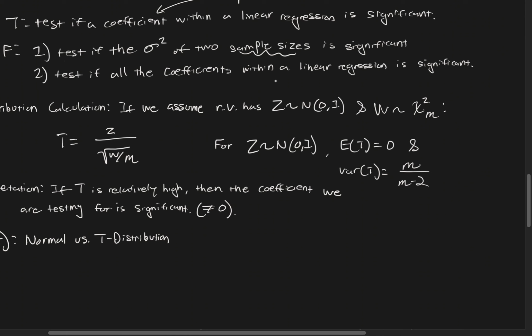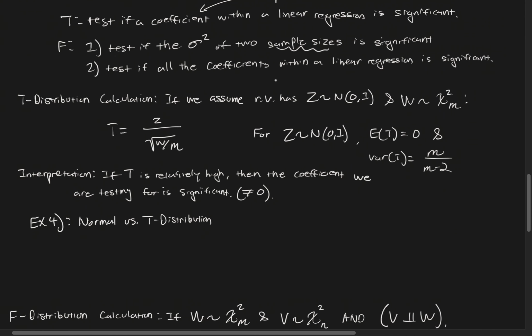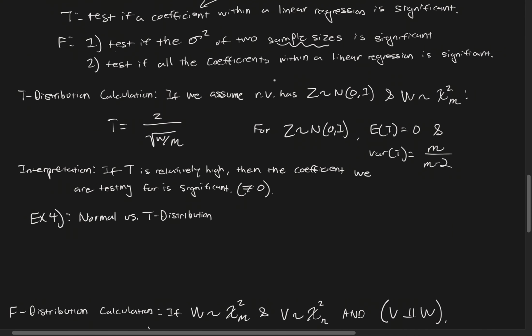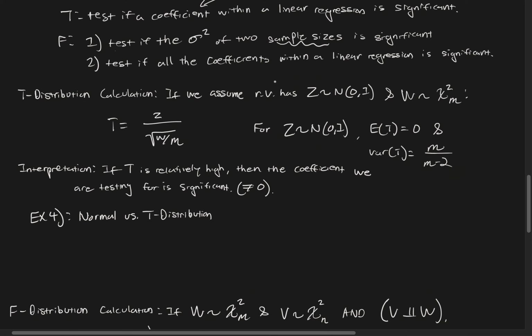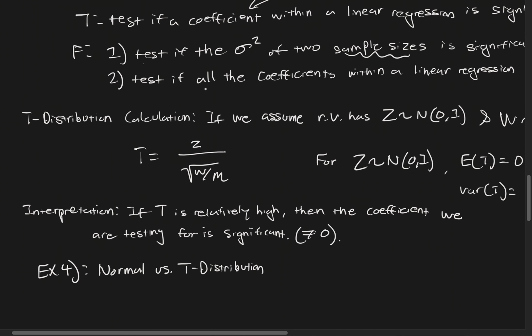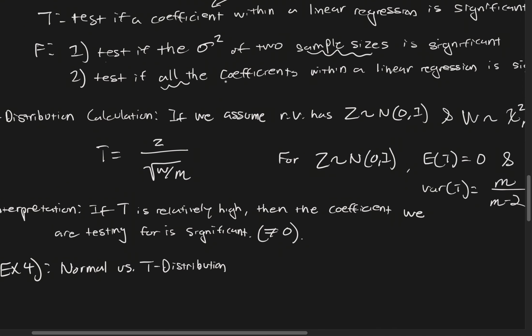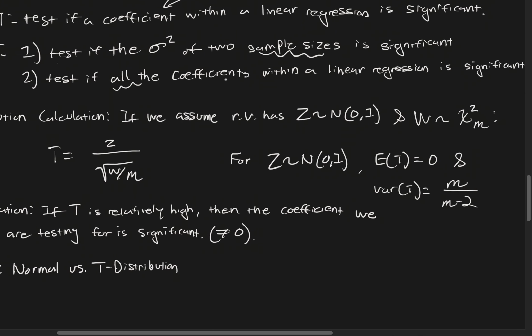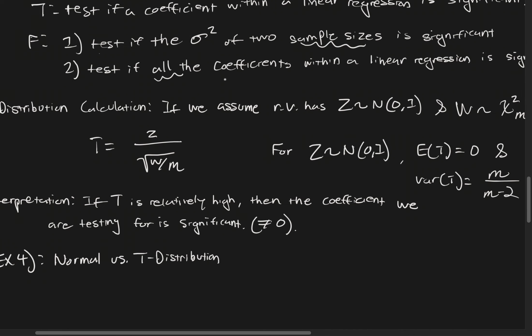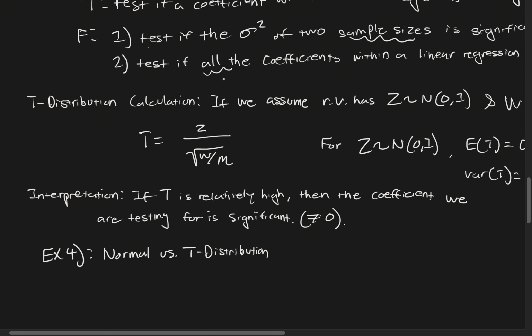And for the second purpose, similar to the t-distribution, we test if all the coefficients within a linear regression are significant. I'm not sure if this is any or all. I'm guessing this is all because I wrote it that way, but I'll have to check later.